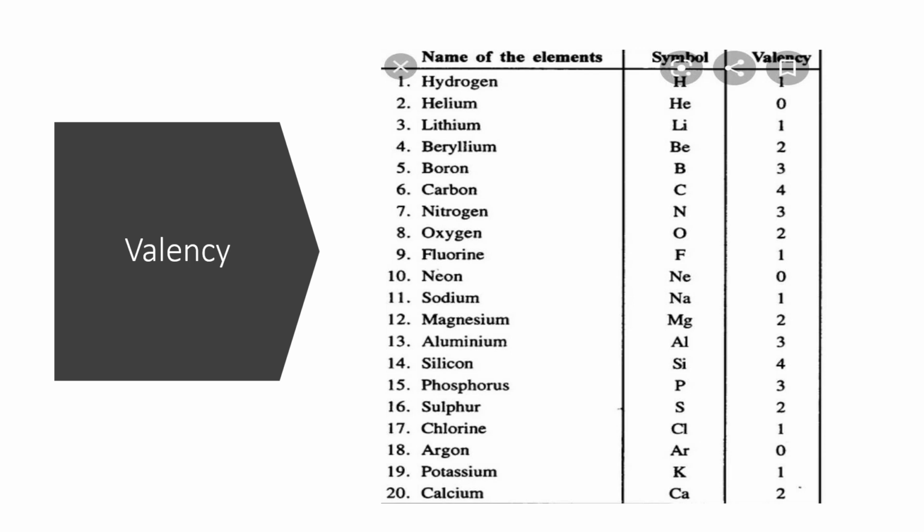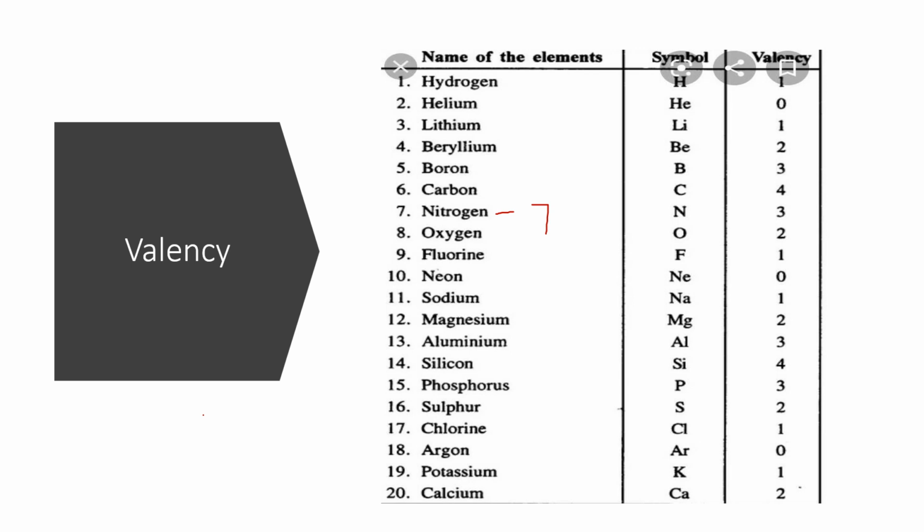Now let us look at how to calculate the valency. Let us take the example of nitrogen. Nitrogen has an atomic number of how much? It is 7. Now, how do you write the electronic configuration?